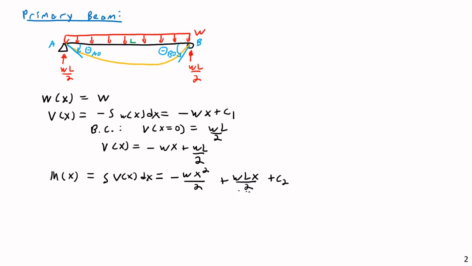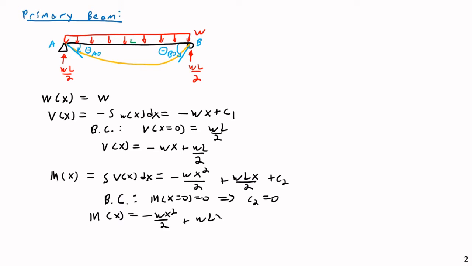Now we need another boundary condition to get the C2, and that boundary condition will be, well, it's a pin support on the end now, so that means that on either end the moment must be 0. So the boundary condition is that M at x equals 0 is equal to 0. And clearly that will lead to C2 also being equal to 0. And now I have a moment function for the primary beam that is simply negative Wx squared over 2 plus WLx divided by 2.